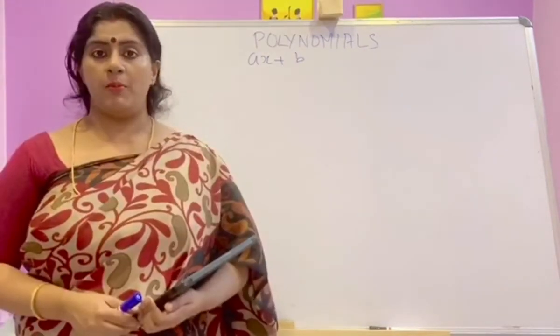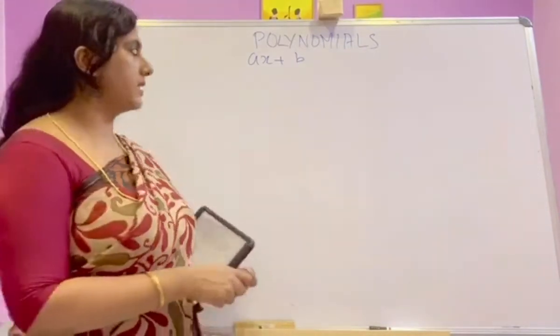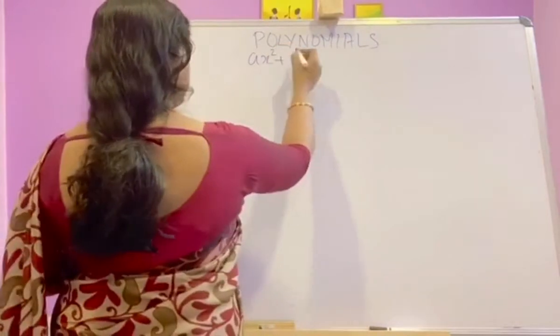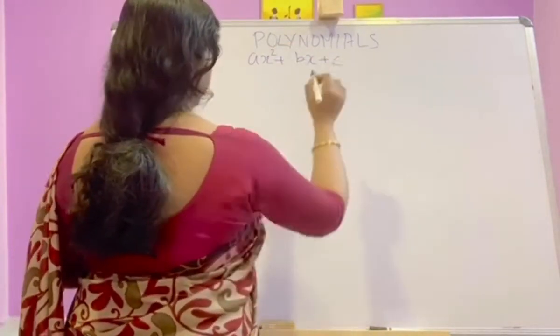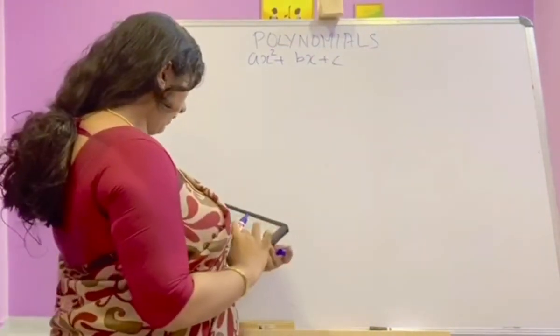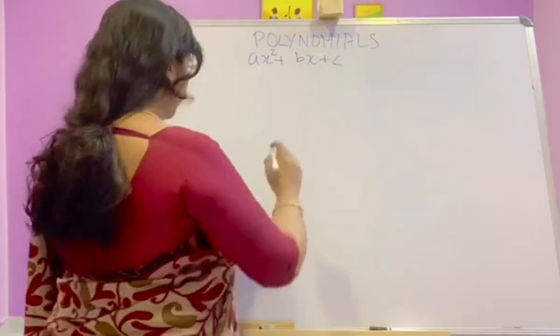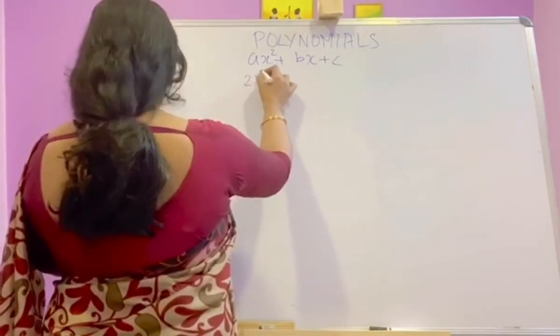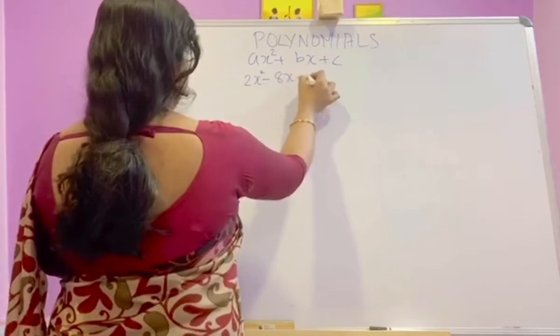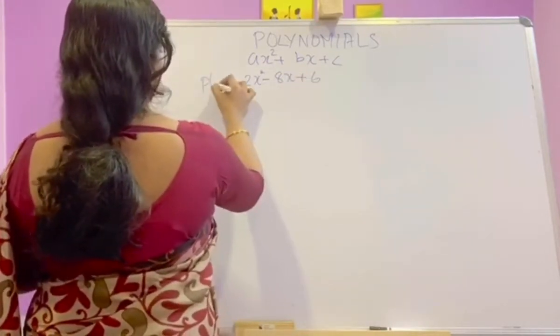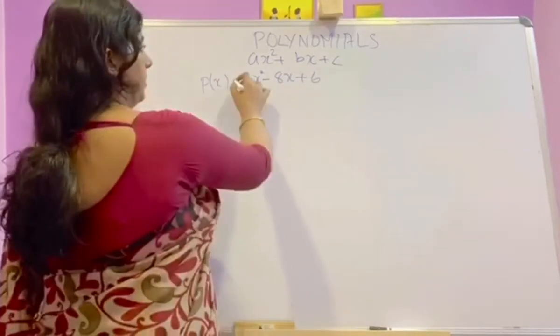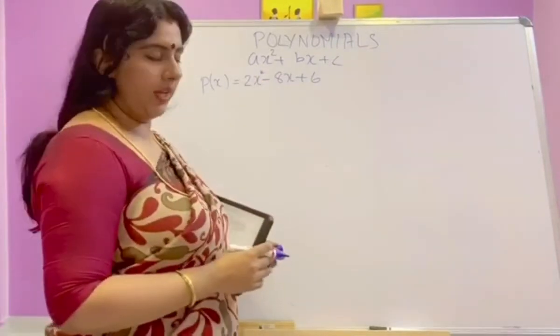The general form of a quadratic polynomial is ax square plus bx plus c. Now we can take one polynomial, that is 2x square minus 8x plus 6. This is a quadratic polynomial.